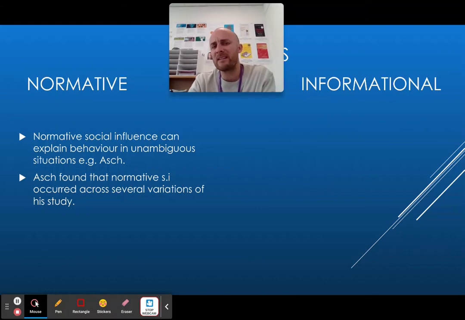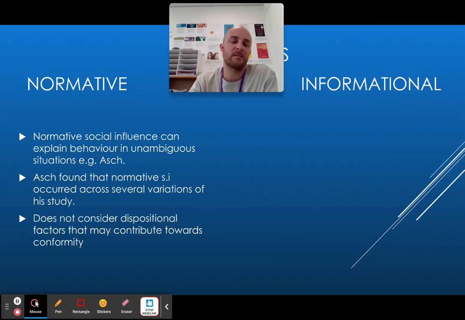Now, these are not the greatest evaluations ever. Another one that I would put is that it does not consider dispositional factors. What we mean by dispositional factors is something to do with the person. Both of these theories say that you conform because of the situation you have found yourself in, and that is not actually anything to do with the person.